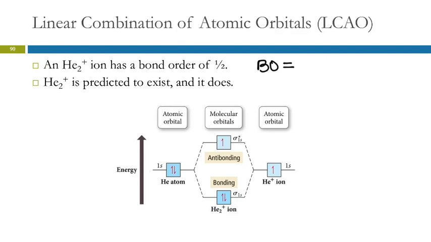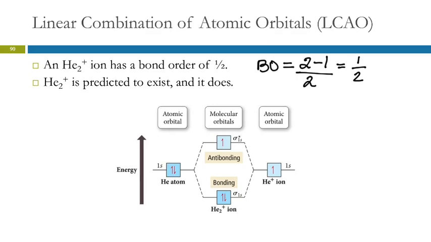How many electrons in bonding orbitals? 2. How many in antibonding? 1. There's 1 up here. And then divided by 2. So 2 minus 1 is 1, divided by 2, so this is 1/2. Bond order predicts that this exists.